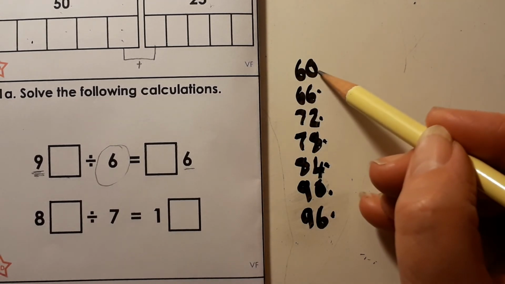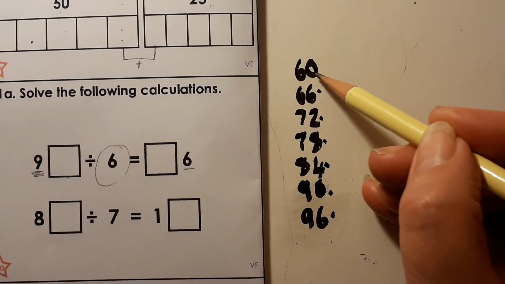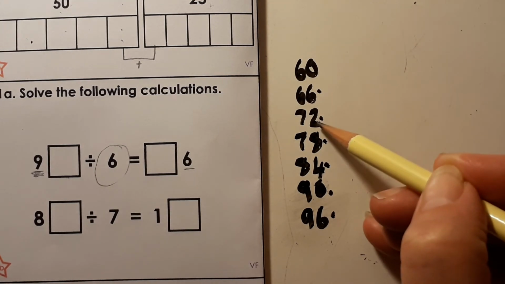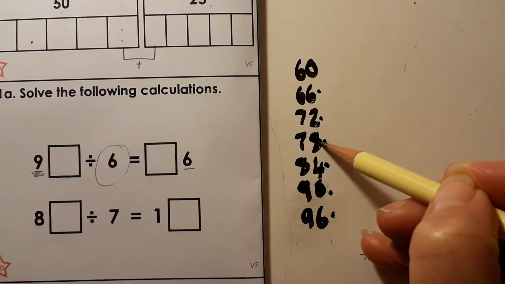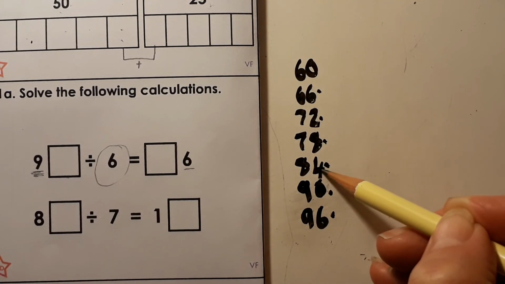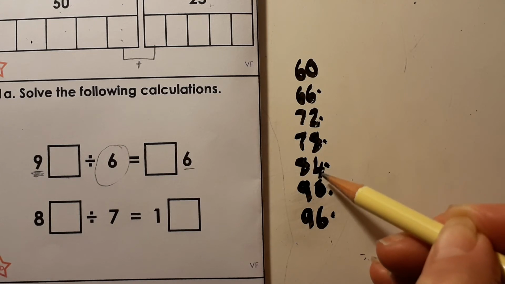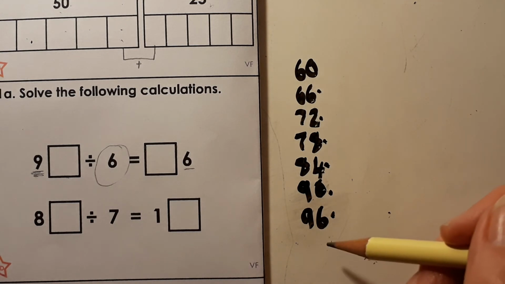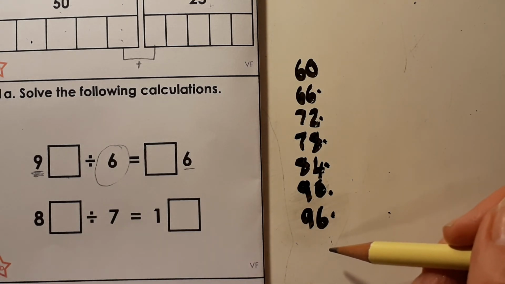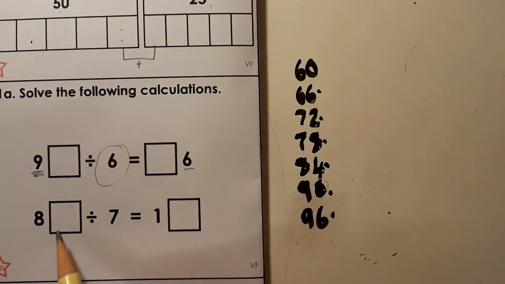So this would be 10 times 6, 11 times 6, 12 times 6. Keep adding 6s, 13 times 6, 14 times 6, 16 times 6. Alright, so have a think about what you will put.